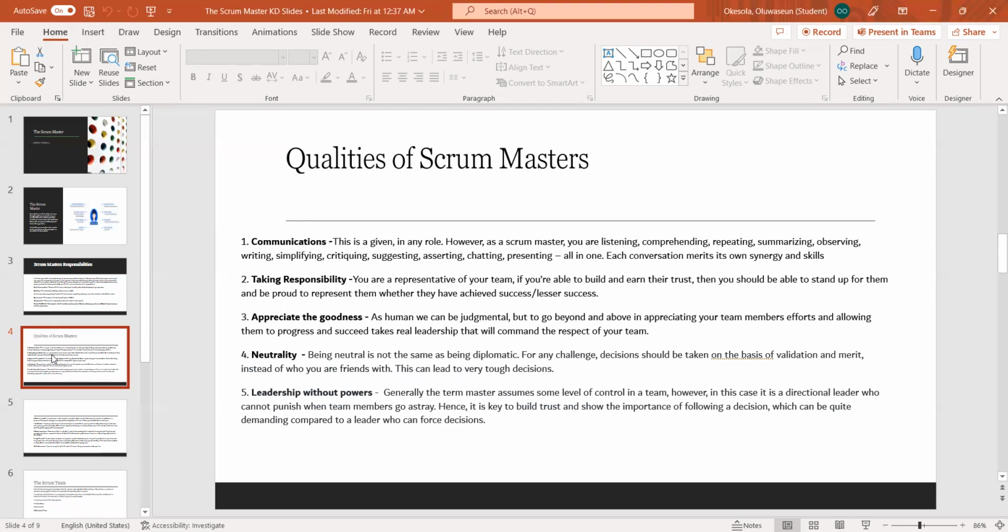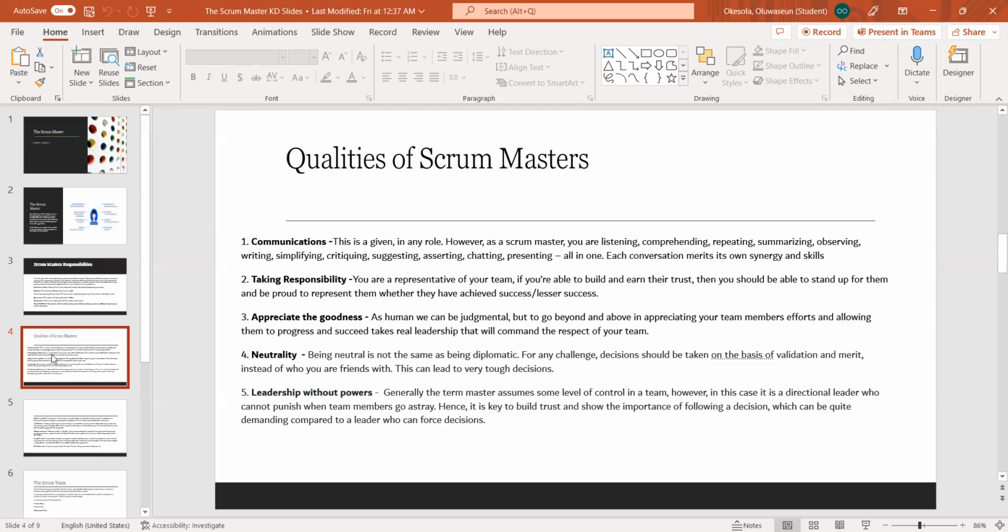Right. Then we have neutrality. It says being neutral is not the same as being diplomatic. For any challenge, decisions should be taken on the basis of validation and merit instead of who you are friends with. This can lead to very tough decisions. So basically, as a Scrum Master, you need to be the friend of everyone on the team. You don't have to have a best friend on the team and show favor to someone as against others, right?